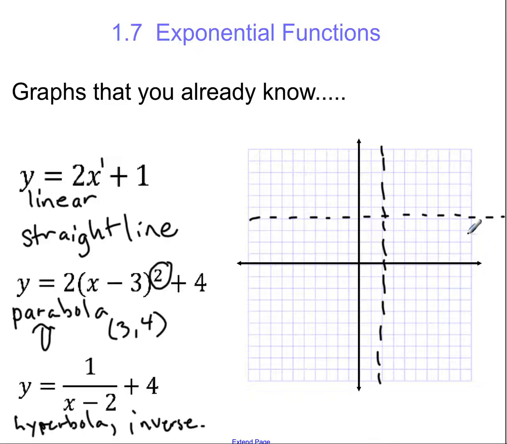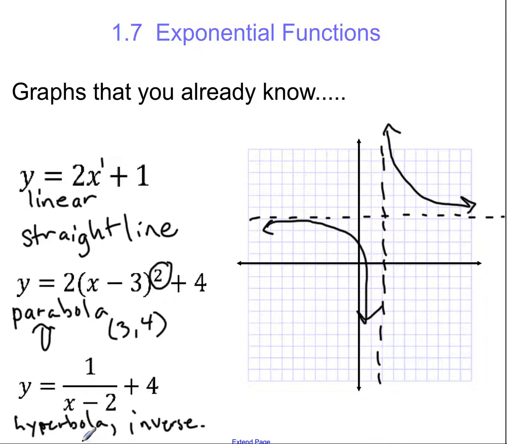And I know that it's positive, so I'm going to basically be in the first and the third quadrants. Because I'm dividing by x here, it doesn't have an exponent, but that's how I know it's a hyperbola.